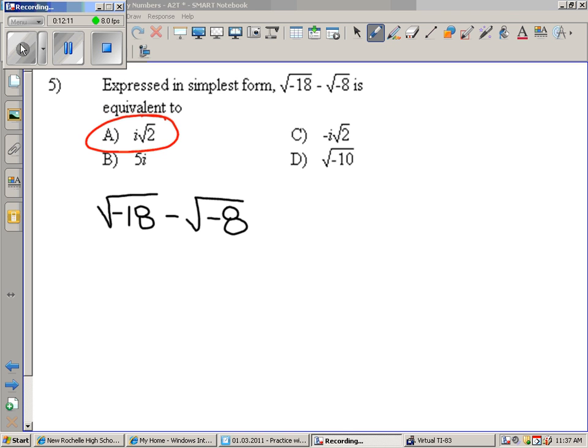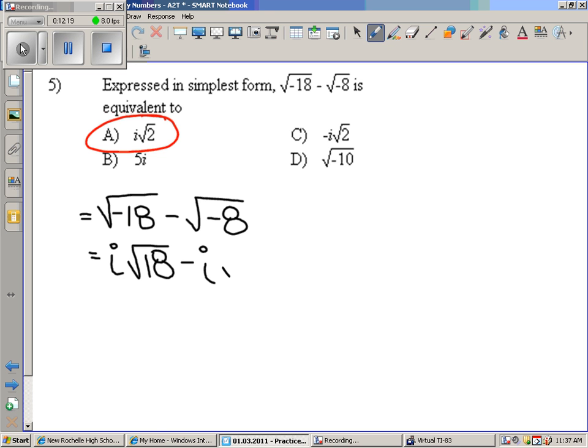Anytime you got a negative underneath the square root, you take out the negative and you put an i. So we get i square root 18 minus i square root 8. And then what do you do? You reduce.